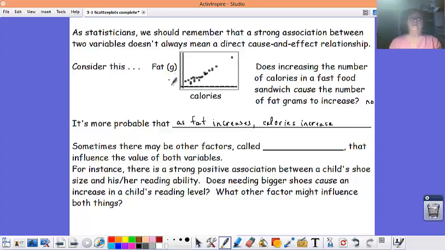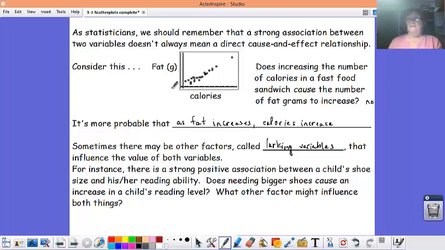There could be other factors, and you'll get a kick out of this maybe. They're called lurking variables. Sounds very shady and mysterious. Lurking variables that have an effect on both variables, as in maybe there's some other driver, some other way that increases calories and increases fat.